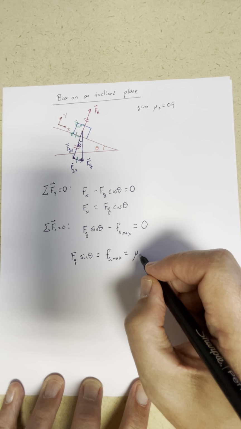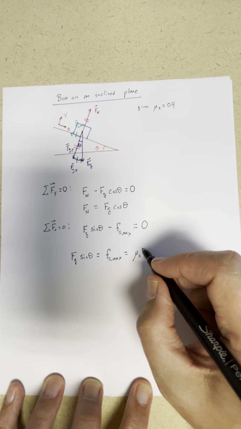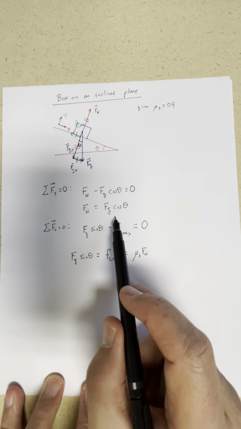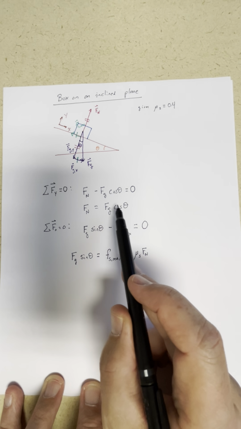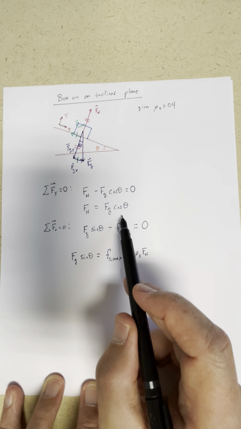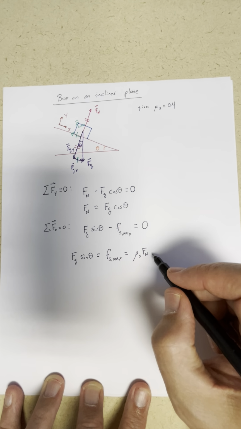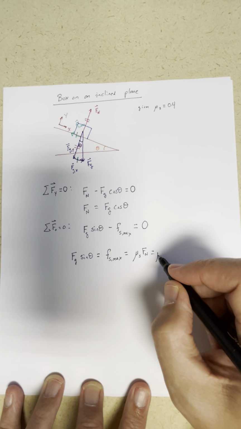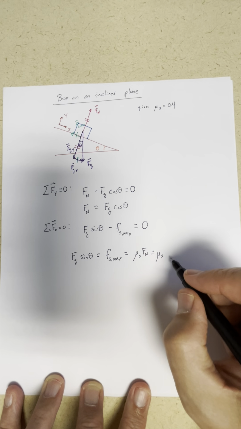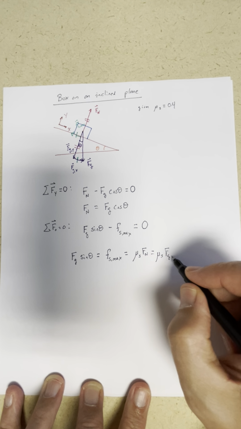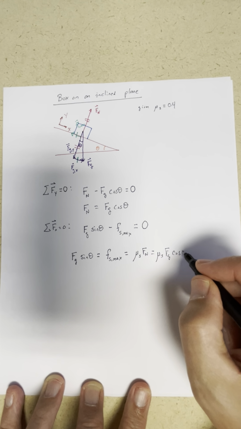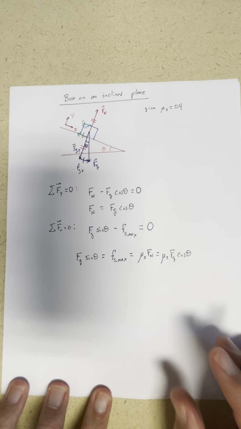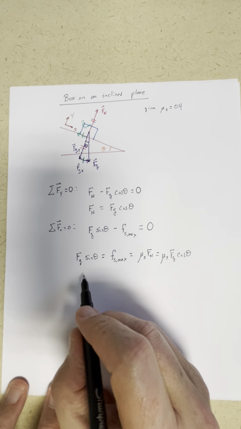That is the coefficient of static friction times the normal force. And we know that the normal force is as big as the weight of the box times cosine theta. So we can pop that in. Let's put everything on the same line here, and we can simplify a bit.